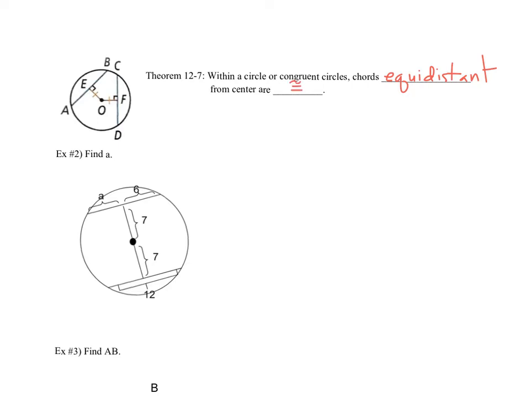So within a circle or congruent circle, if the chords are the same distance away, so the distance to the chord is this length, right? That length is the same as this length. If those are the same, then the chords that are given, in this case AB and CD, would be congruent. So this is saying AB is congruent to CD.